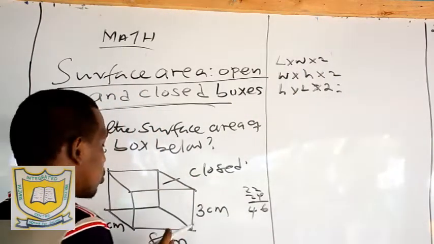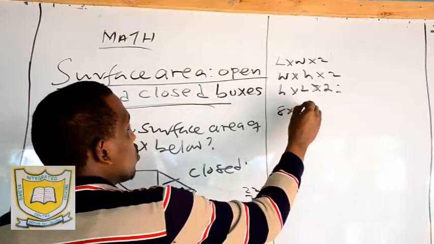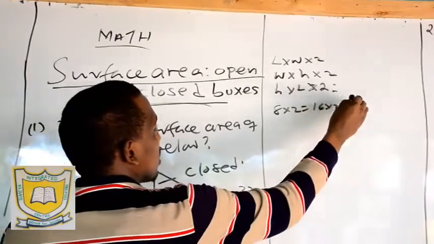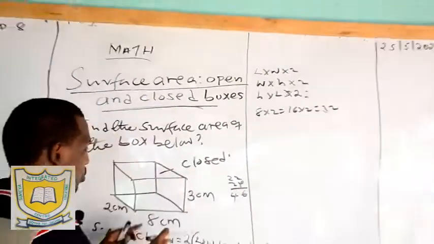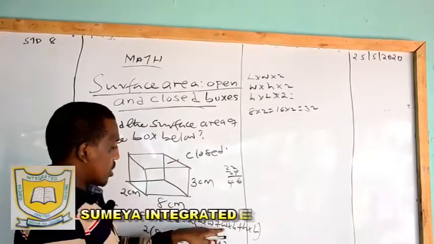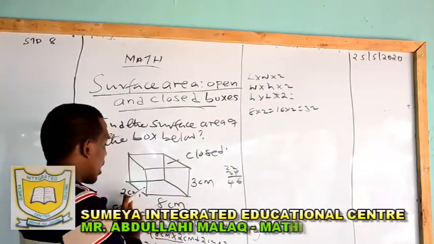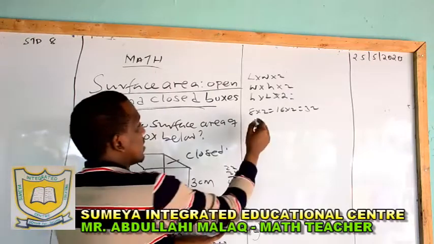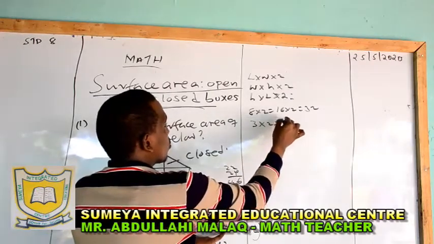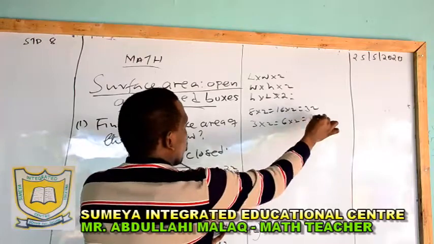So length times width, in short, you say 8 times 2, which is 16, times 2, which is 32. Then width times height, 3 times 2, which is 6, times 2, you get 12.